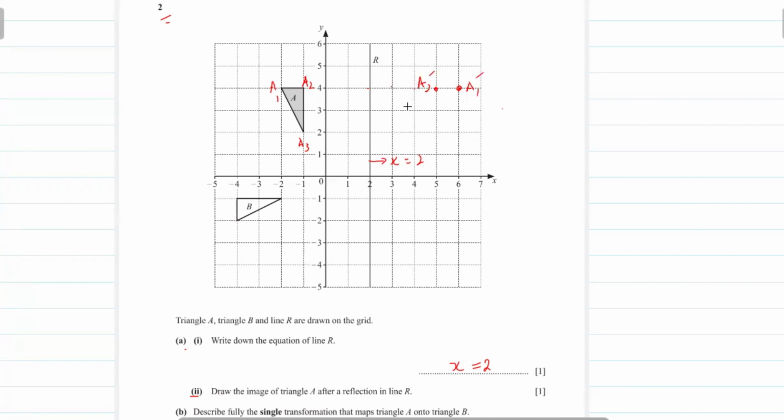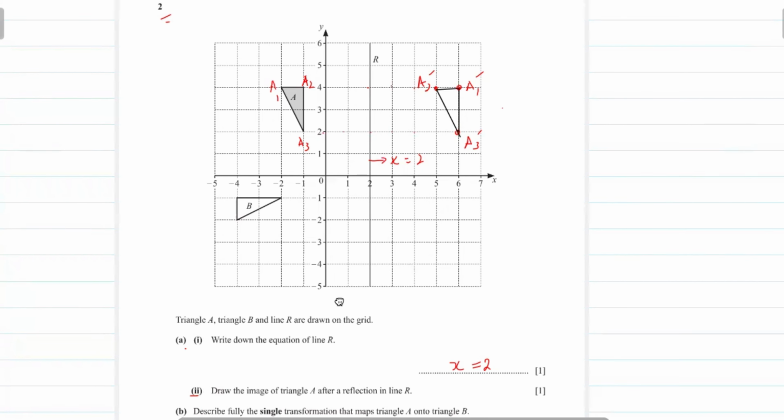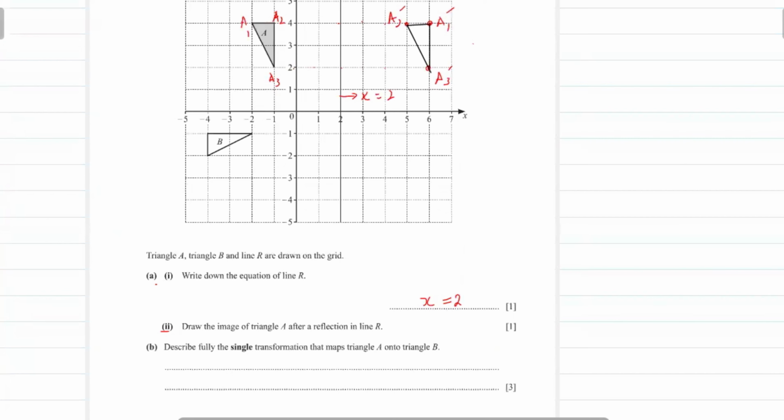And next is the point A3. This is 3 units away and therefore we mark 3 units away, and A3 dash is the image point. Now we join all these points. You see here, this is the triangle after reflection and we mark the coordinates of A1 dash, A2 dash and A3 dash.